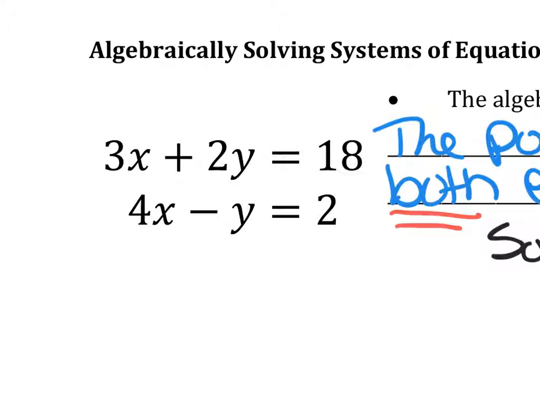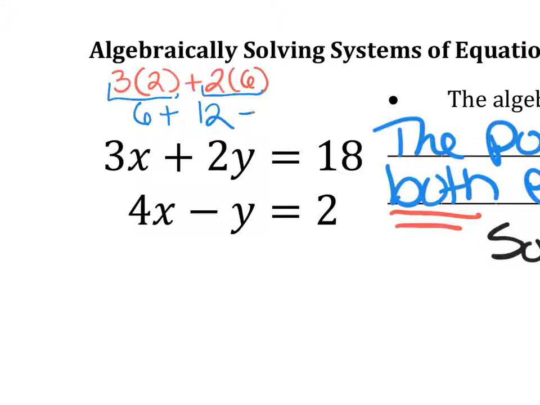So for our first one, plugging in 2 for x and 6 for y, it's 3 times 2 plus 2 times 6. We do that multiplication first to give us 6 plus 12, and 6 plus 12 is indeed 18, so this is true.